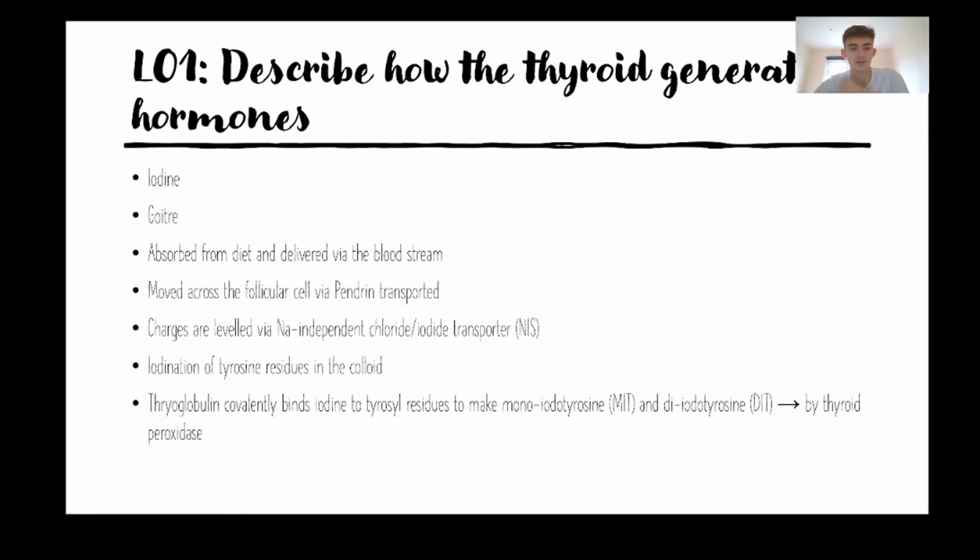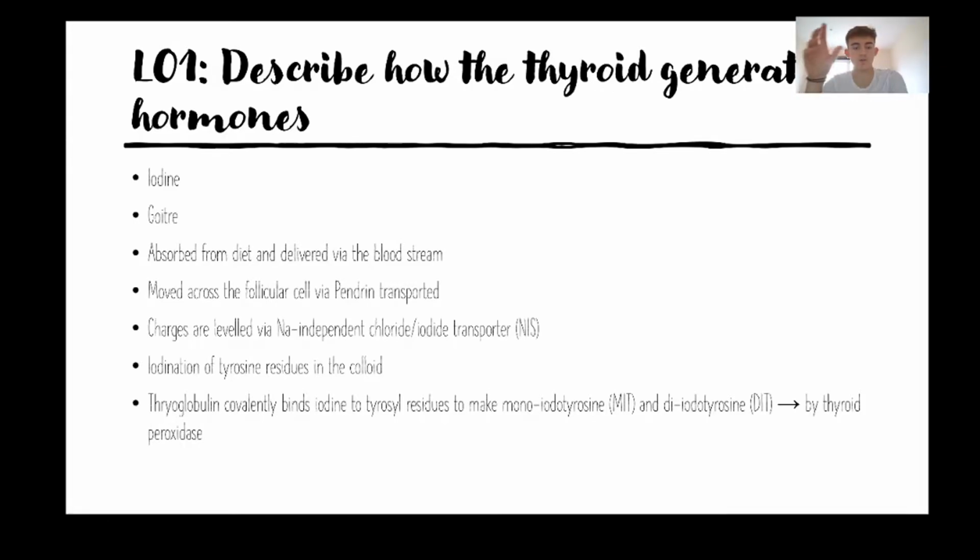Iodination of tyrosine residues in the colloid occurs on thyroglobulin. The iodine and thyroglobulin are first in the follicle cell, and then they go into the follicle cavity. Thyroglobulin is on the outside, and the hormones are formed in the middle via the enzyme thyroid peroxidase, which makes monoiodotyrosine and diiodotyrosine.